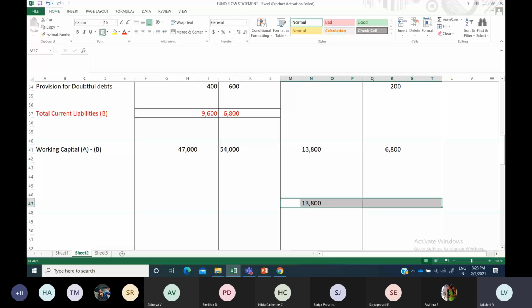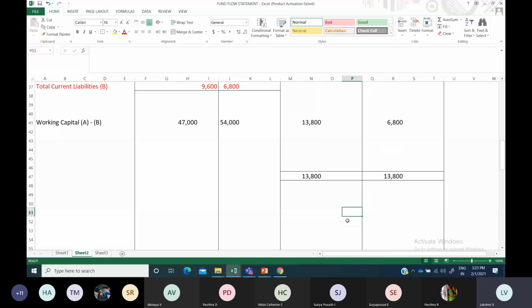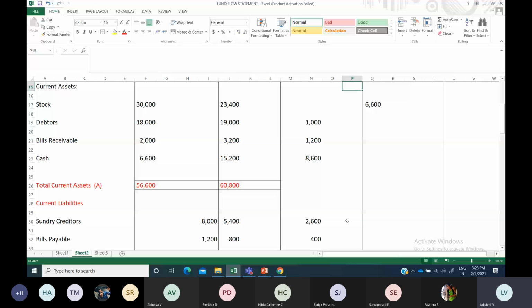So now what I am going to do is write 13,800 on both the sides, that is increase column as well as decrease column. You have to give it in both the columns. Okay, so just roughly you find out increase column total fully, and decrease column total fully.